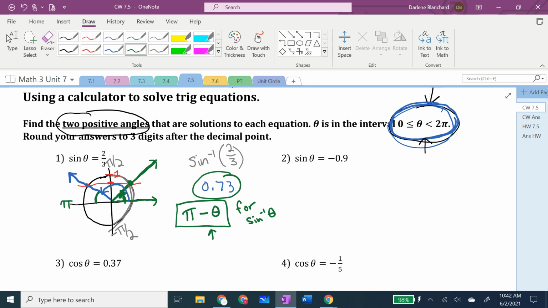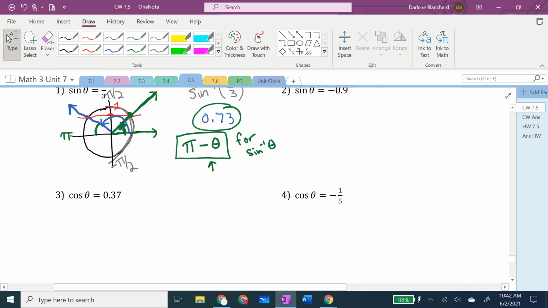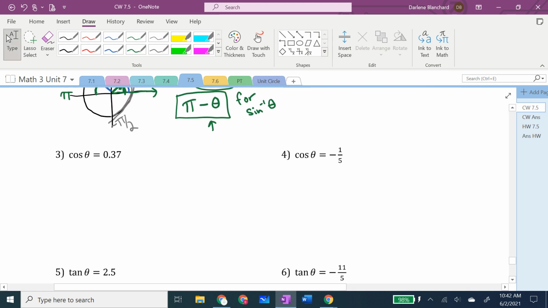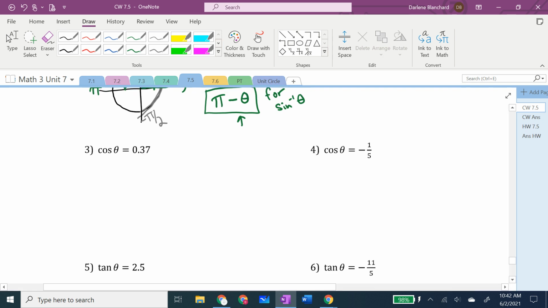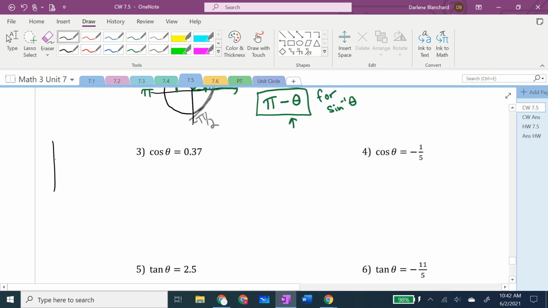Okay, so that's sine. And then I'm going to move over to cosine and just make sure to at least hit these three. With cosine, do you remember in the past with the unit circle that when you were working with cosine, you were looking at an x-coordinate?